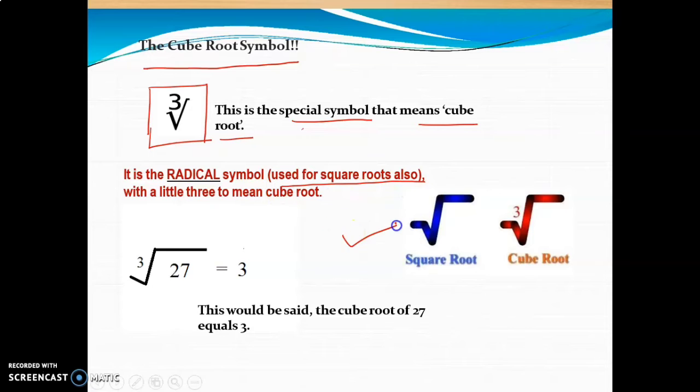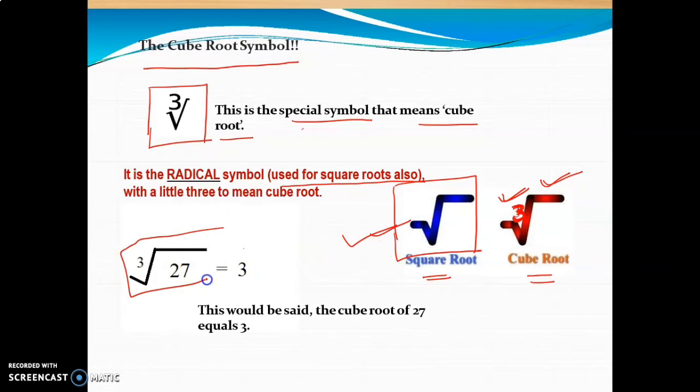You might be thinking, what is the difference between the radical sign of square root and cube root? Here is the radical sign of square root and here is the radical sign of cube root. In the outer part it is given 3. Can you see this difference? This is the way we represent the cube root of a number.